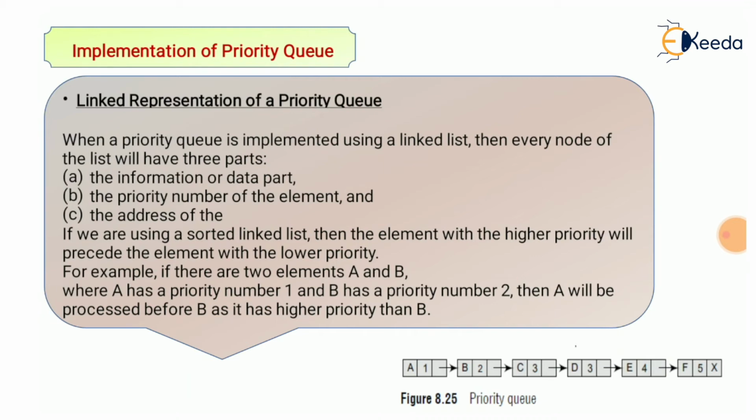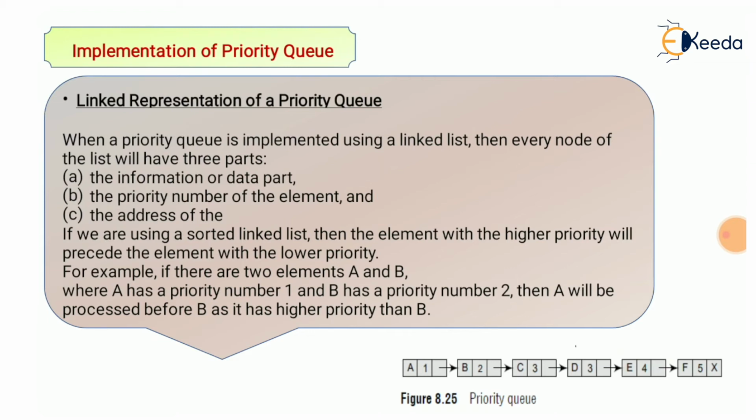So here also every node contains three parts: the information or data part, the priority number of the element, and the address of the next element, where we are pointing from the previous element. That is the same concept that we studied in the linked list chapter.